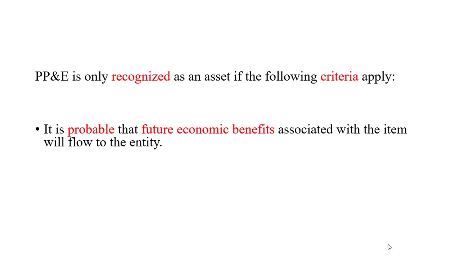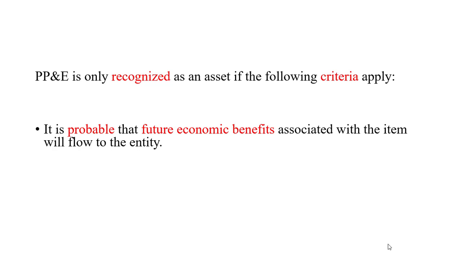The first criteria is that there must exist a probability that the future economic benefits associated with the item will flow to the entity. The economic benefit stated here can be in any form, and it need not necessarily be in the form of cash.